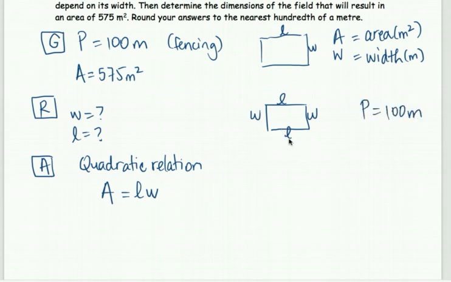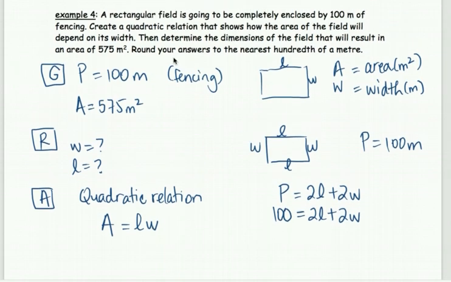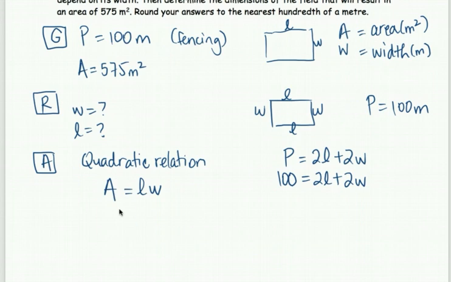So 2 lengths plus 2 widths make 100 meters. Because we want a quadratic relation that shows the area with respect to the width, we don't want the length as well. So we're going to solve perimeter for length, then plug it into the area formula.